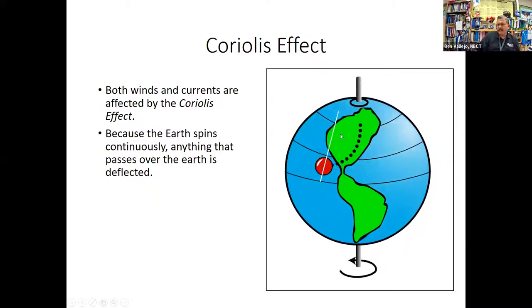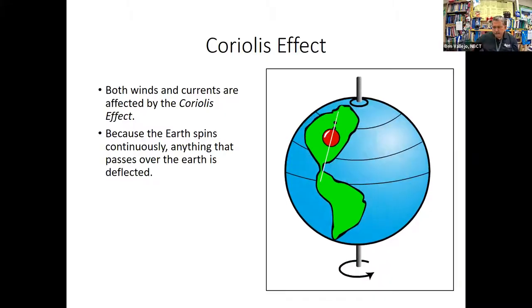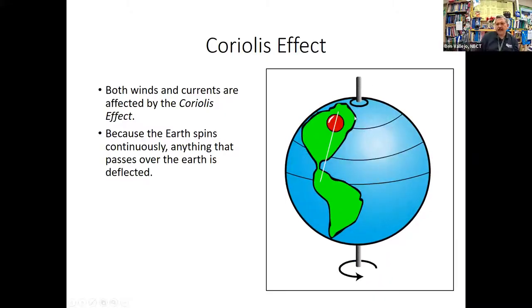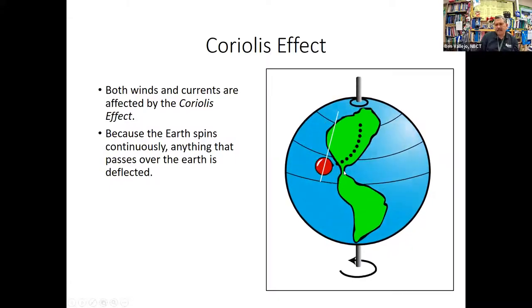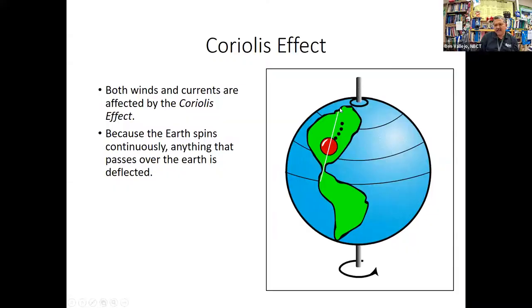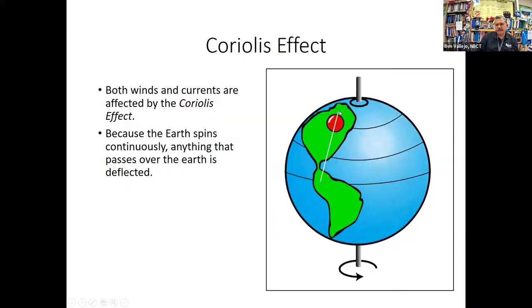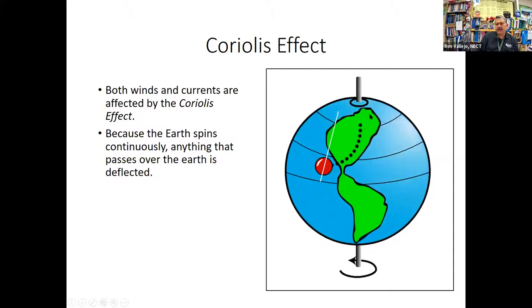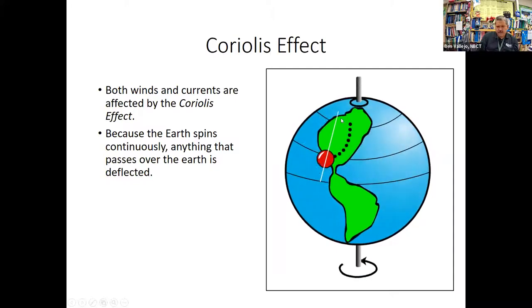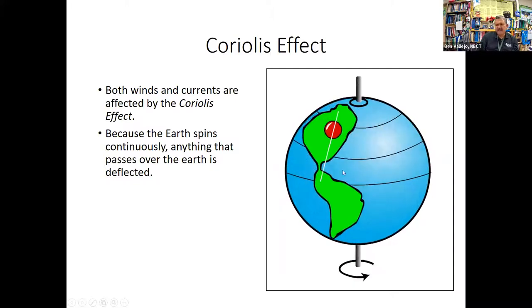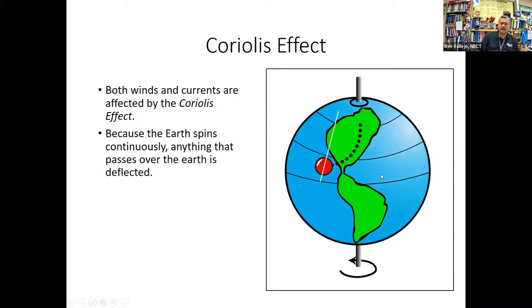If you were in a plane trying to go south from, say, Chicago down to Miami, you can't just fly straight because of the constant rotation of the Earth.